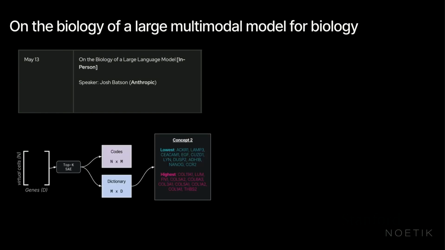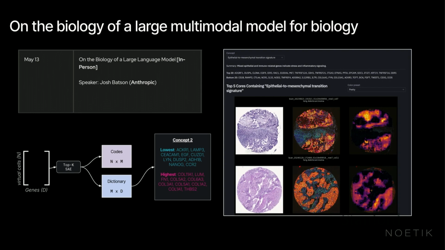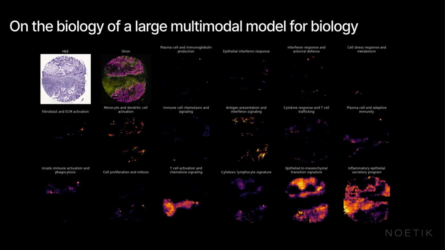We've used things like sparse autoencoders to pull out consistent themes that keep popping out in the data, and have used those to build interfaces for biologists at the company to do things like automatic semantic segmentation with text labels, from identifying persistent concepts that keep appearing in the data set. Again, this is starting from just the H&E. You upload H&E and you get back semantic segmentation with the different parts of the sample and what's happening in each of them.